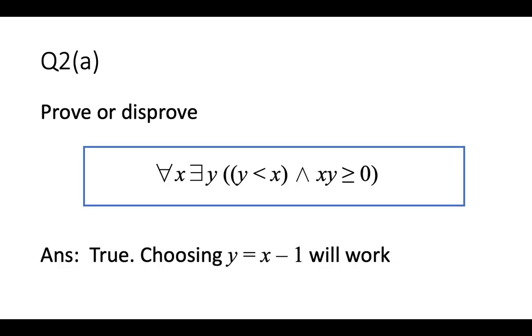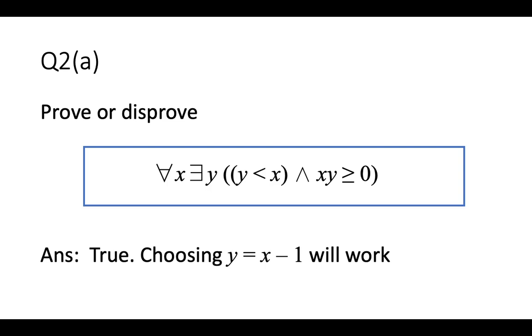Now the second question asks us to prove or disprove two cases. The first one is x and y with domain of integers. We ask, is it true that for every integer x we can always find y such that y is smaller than x, but x and y after their multiplication will always be greater than or equal to 0?